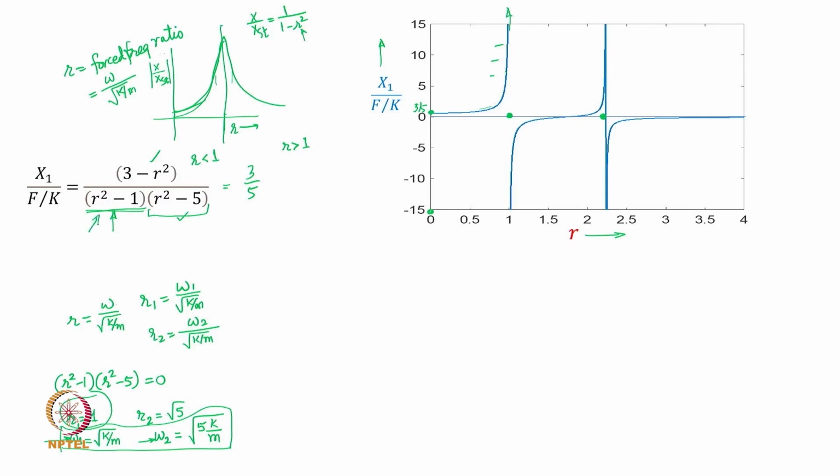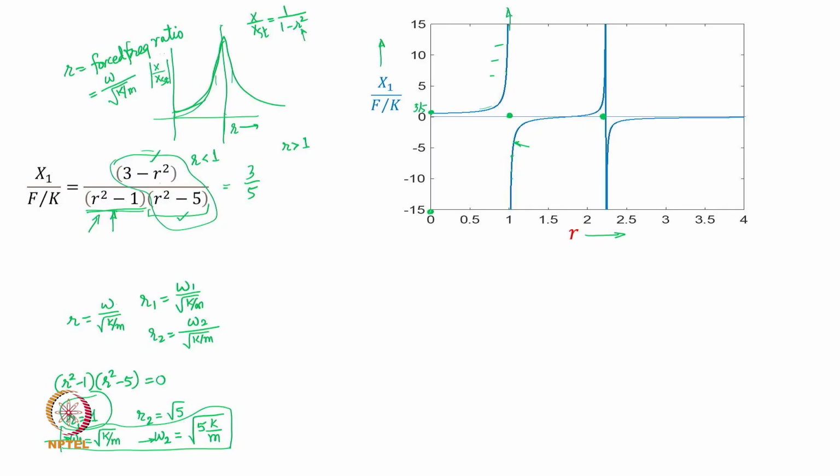This becomes negative up to this value, square root of 3. These will be positive, but this will be negative. So because of that, you can see that after it crosses the first resonance at 1, the response is actually negative.